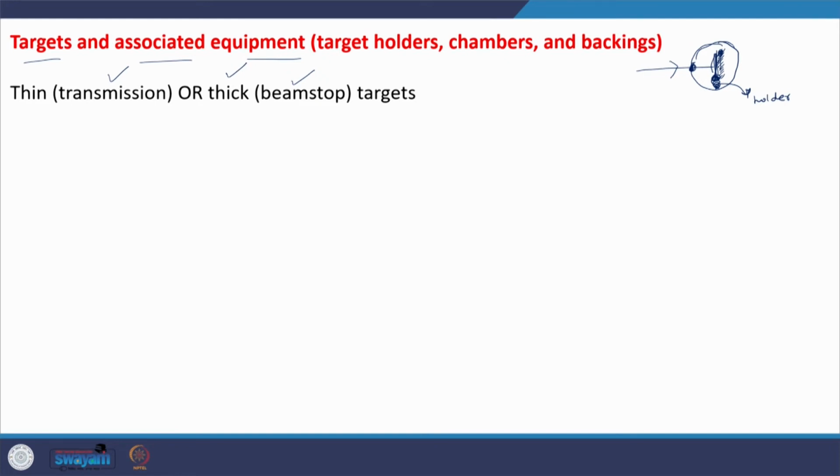From now onwards, when I use the word transmission target, it means it is thin enough that the ion beam is able to pass through it. And whenever I use the word beam stop target, as the word literally conveys, the beam is stopped within the target material. So, I am dividing the targets into two types, transmission and beam stop targets.